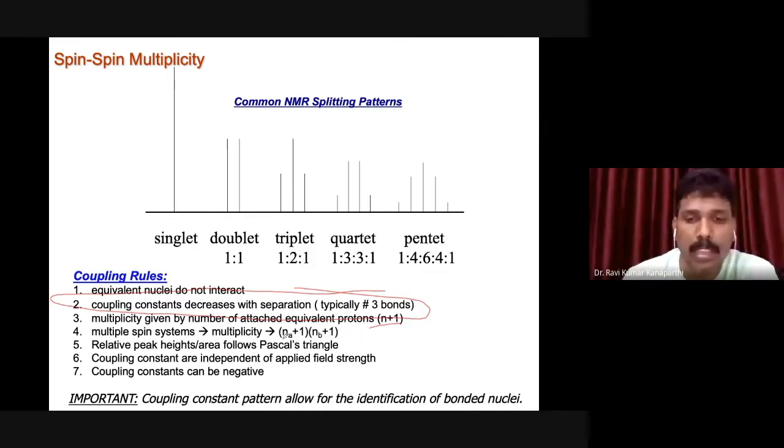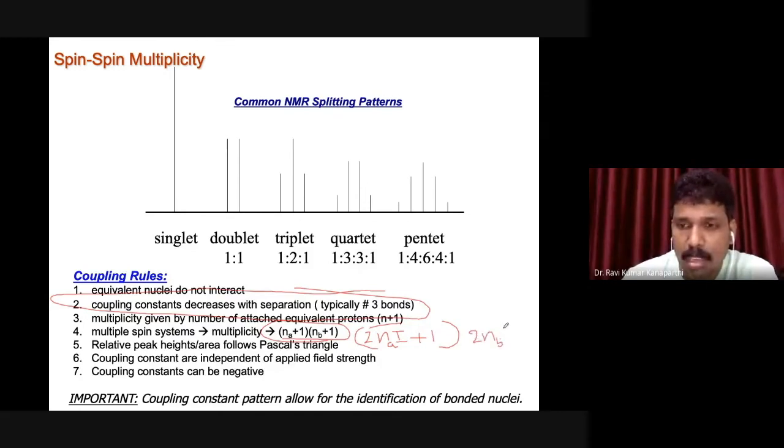And this formula is quite simple to derive: 2nA I plus 2nB I plus 1. For example, on one side it has A nuclei, and on the other side it has B nuclei.